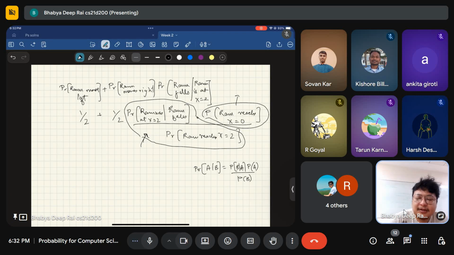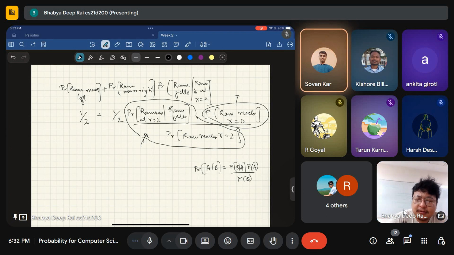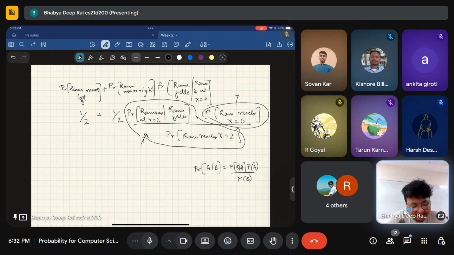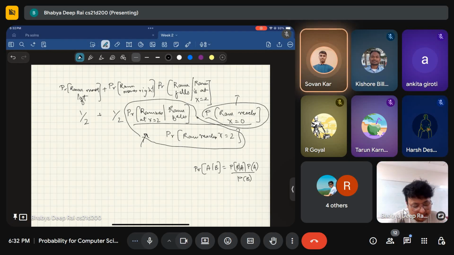Sir, I am saying the whole part. Oh, you mean the whole part? Just write probability of Ramu at x equals to 2 given Ramu equals to false into the Bayes theorem formula, and the numerator and denominator will cancel themselves and you will get 1.